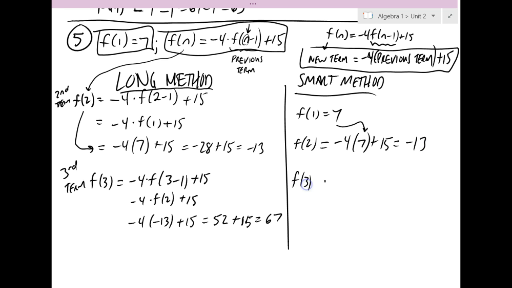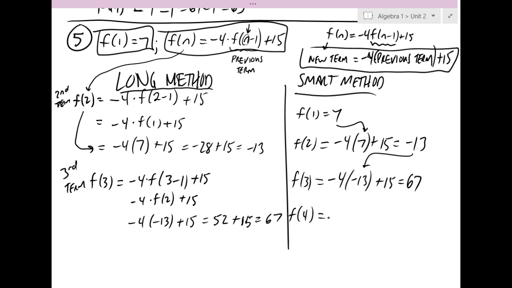And then to get f of 3, I just do negative 4 times my previous answer plus 15, and that is 67. Okay, so this is a lot easier if we say it in words. Then we realize all we're doing is taking our previous answer, multiplying by negative 4, and adding 15. We can do that over and over and over again.